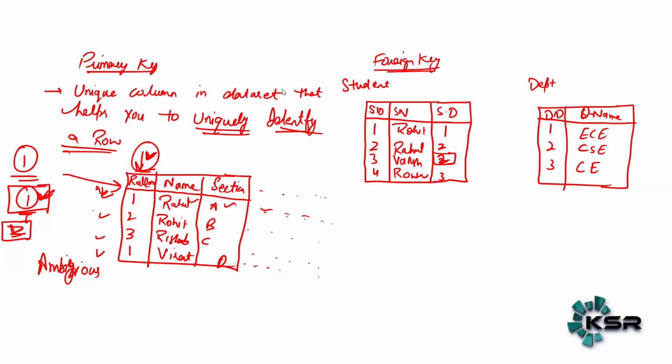Can someone tell me what is the primary column in the student table? What is the primary column? Primary key is the SID, student ID, right? This one, correct? Why is this not a primary column in the student table?